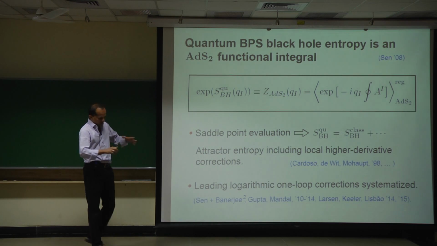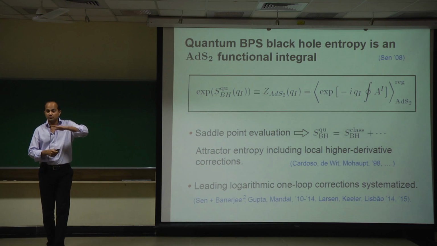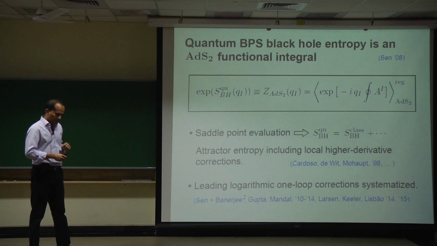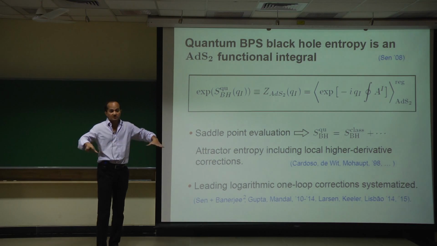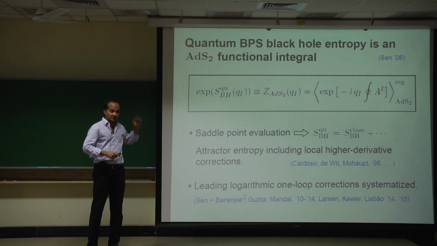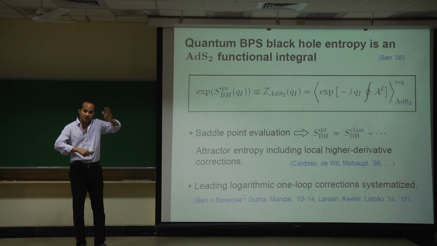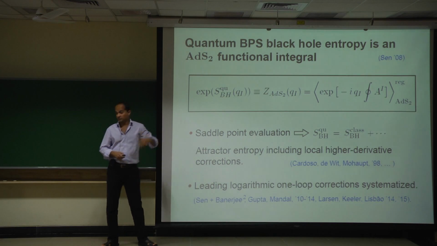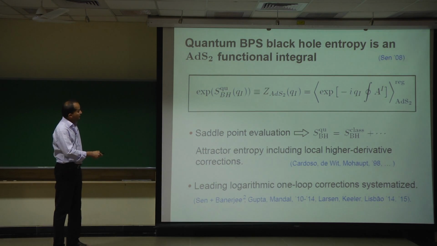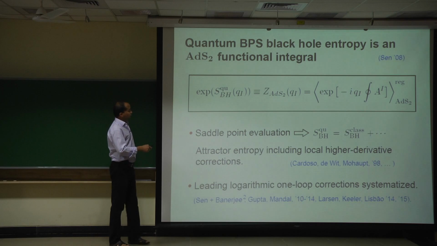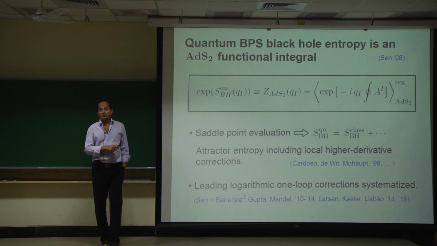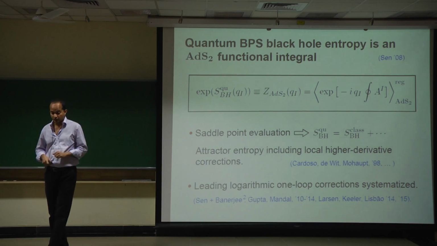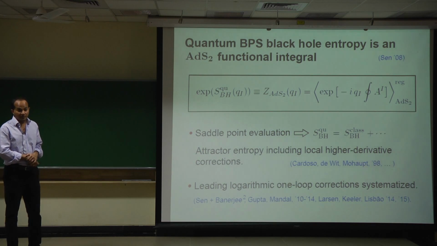So it's a functional integral. Imagine the theory on AdS2 as a 2-dimensional theory. You fix the boundary conditions of all the fields in accord with the attractor mechanism, which I just talked about, and in the interior you let all the fields fluctuate, and you're supposed to now compute the functional integral. Now, in AdS2, you can check quite easily that the natural ensemble in gravity is actually the microcanonical ensemble.